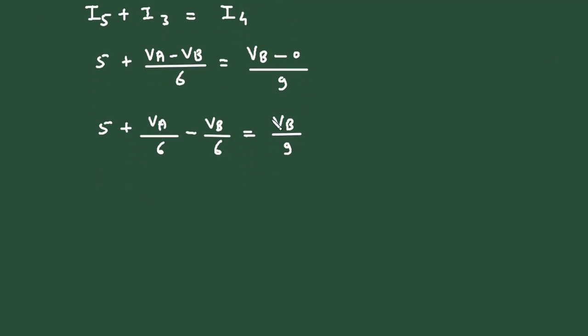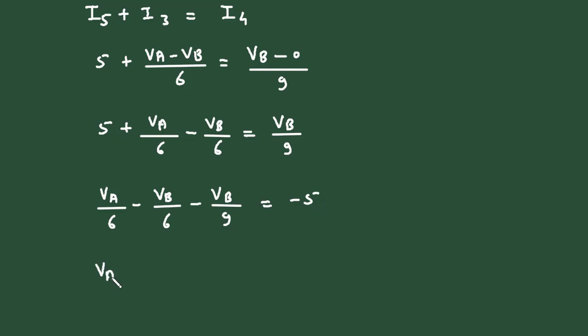Taking this on the left side, VA by 6 minus VB by 6 minus VB by 9 is equal to minus 5.